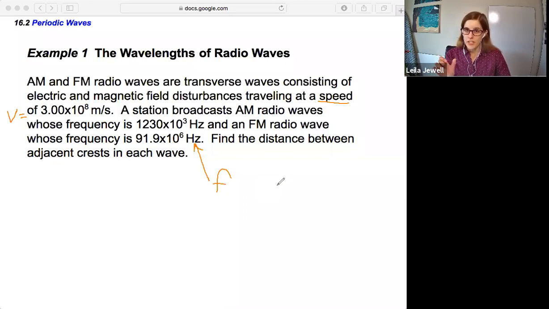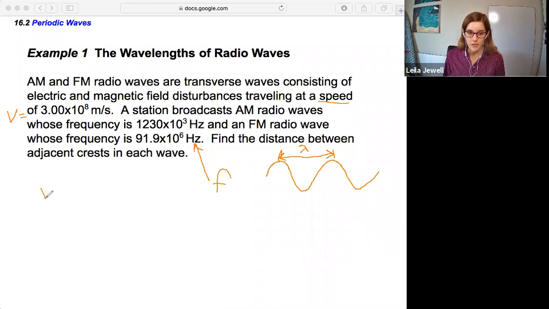Well, remember our distance for each cycle, if you imagine a nice transverse wave here. So between adjacent crests, that's referring from crest to crest, from high peak to high peak, right? Skipping a lower one. That's just exactly one wavelength. So if we can find the wavelength, we will have the answer to our scenario.